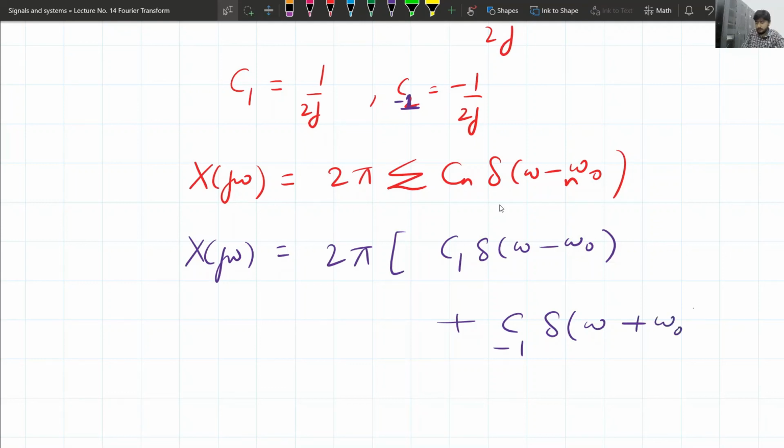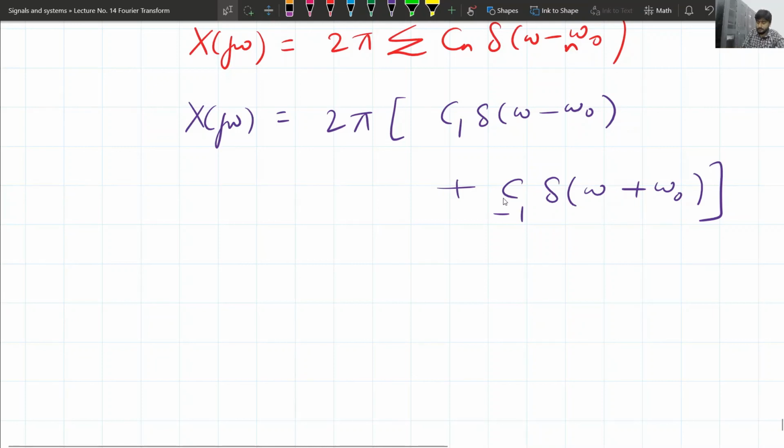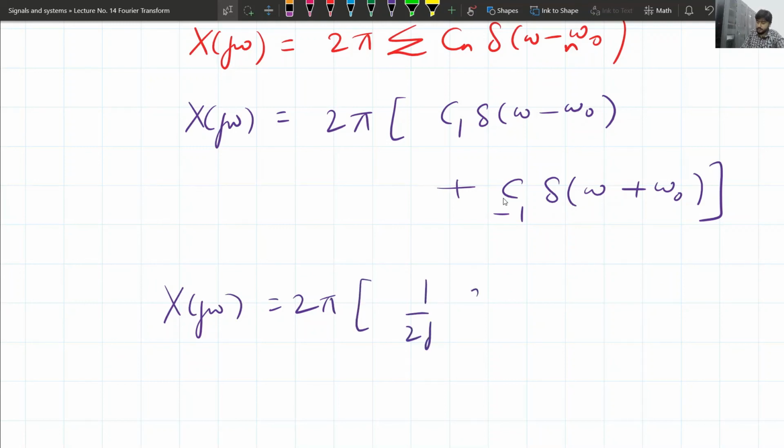Minus minus will be plus. So X j omega will be 2 pi times, C1 is 1 by 2j del omega minus omega naught, and C minus 1 has a value minus 1 by 2j del omega plus omega naught.